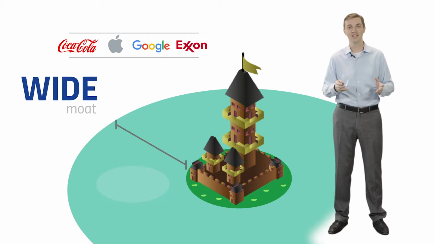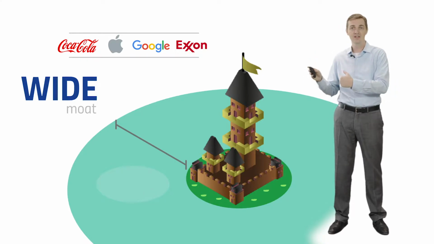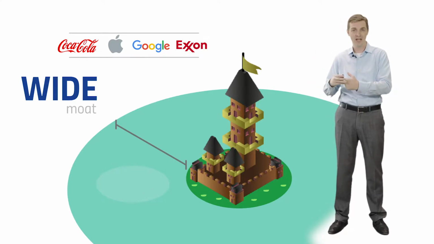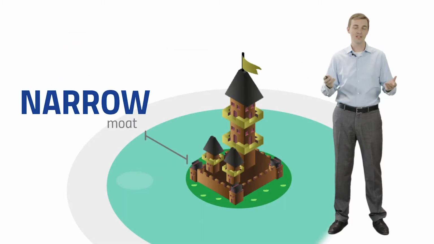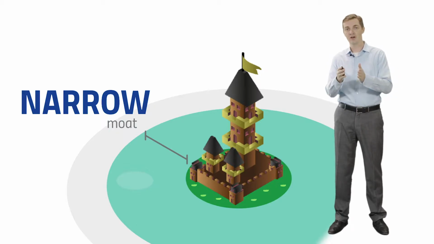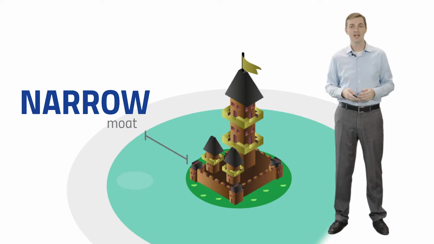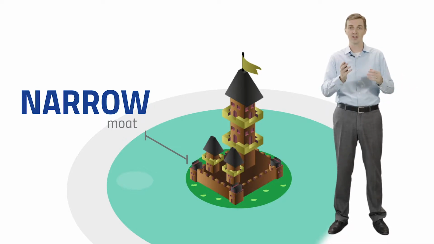Can you think of others that you are nearly confident, nearly certain that 10 years from now, these will still be outstanding, exceptional businesses? Next one is narrow moat, and these companies may have a great sustainable advantage for 2 or 3 years. These may be products that are more susceptible to current trends and current market environment.